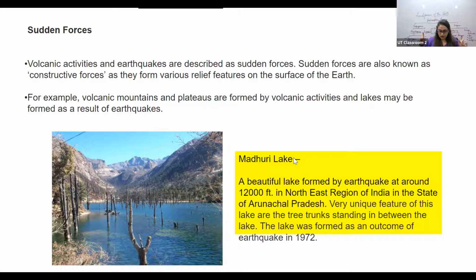In inverted commas, constructive forces, as they form various relief features on the surface of the earth.